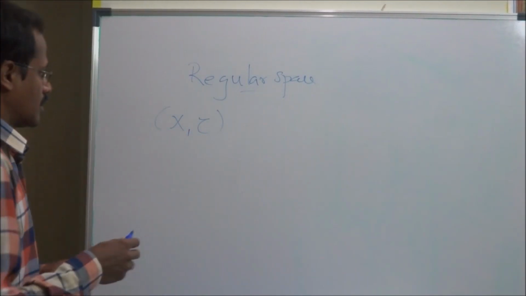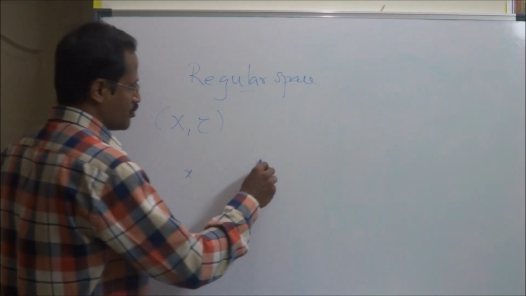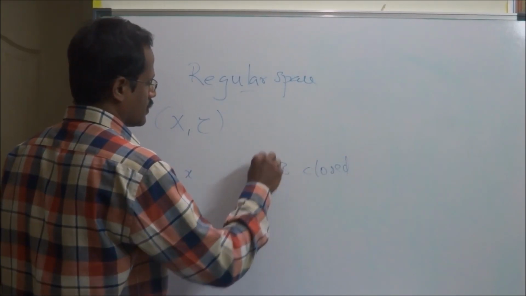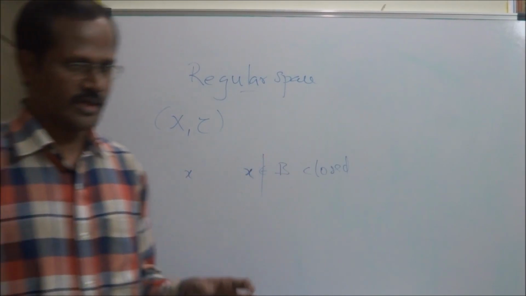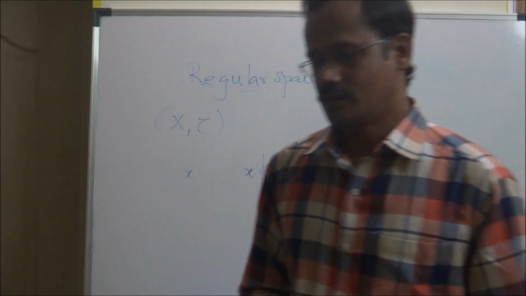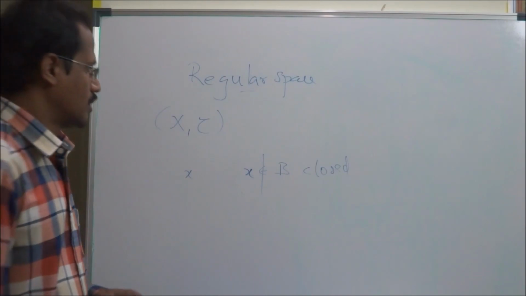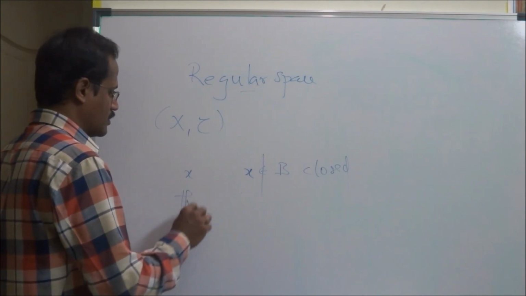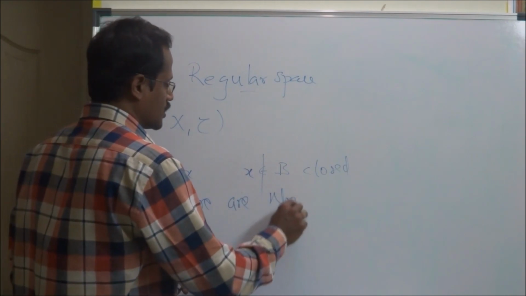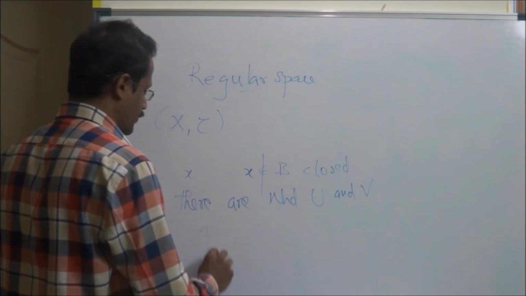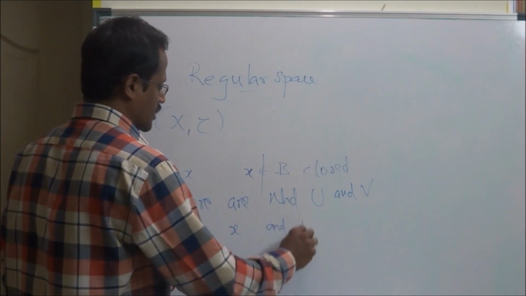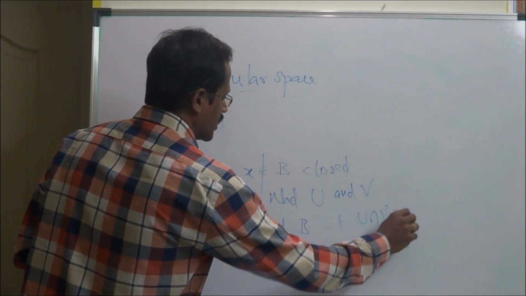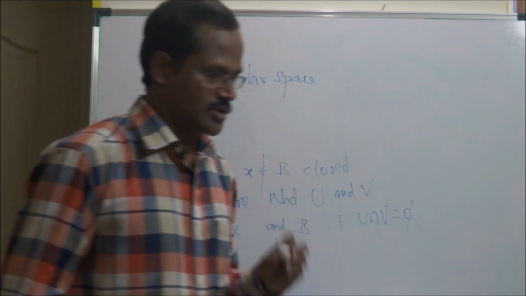And further, you can take any point X and a closed set B not containing X. That is, given a point X and a closed set not containing the given point X, suppose there are neighborhoods U and V of the point X and the set B such that U intersection V is equal to empty. Then the space is said to be regular.